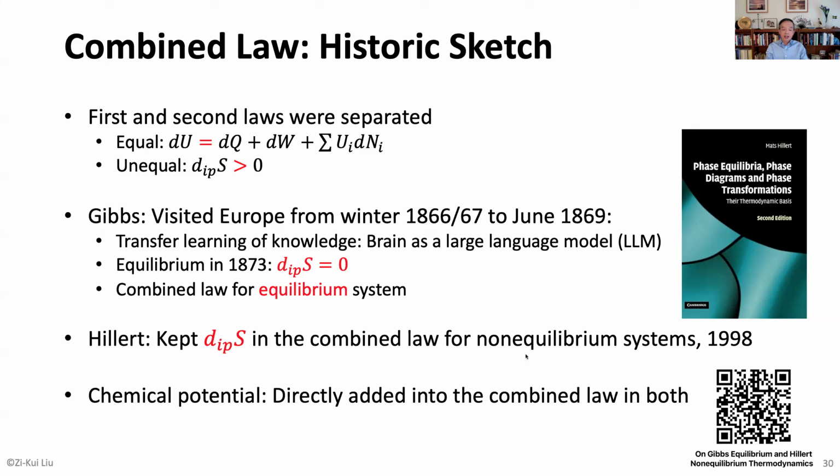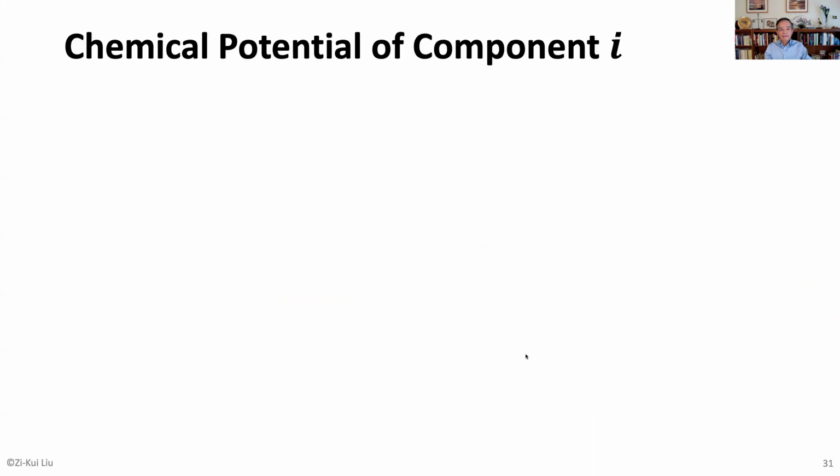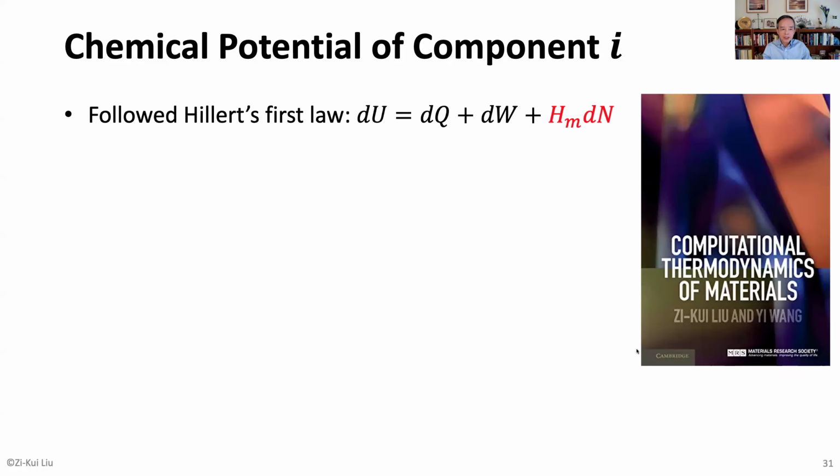They just say, okay, you add a component i, then you have a chemical potential of that component i. So when I was looking at this a while ago, I was always wondering how the chemical potential of a component should be defined.